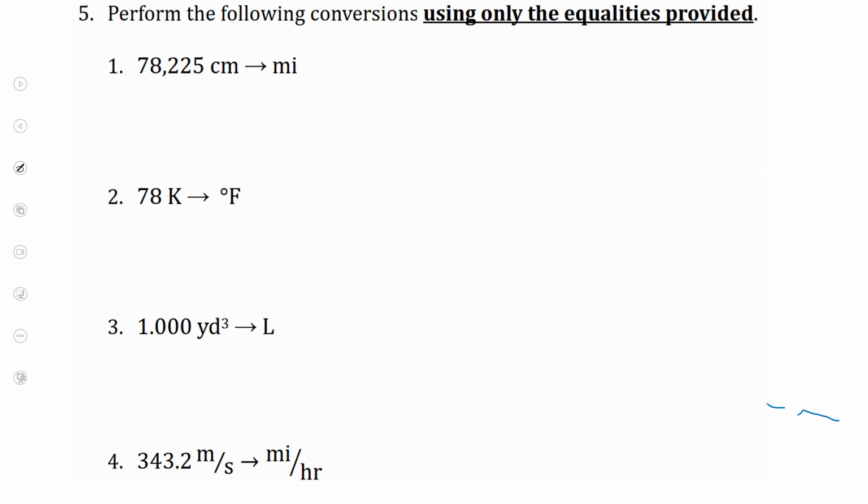Yeah, if we know that it's 343.2 meters per second, we can say that we can go 343.2 meters and convert that to miles. And then we can go 1 second into hours.